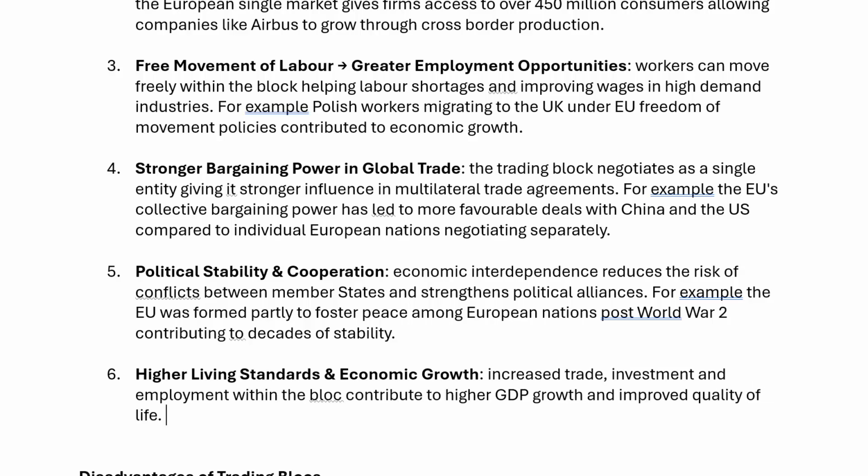For example, ASEAN countries Singapore, Malaysia, Vietnam have seen rapid growth through regional trade integration.